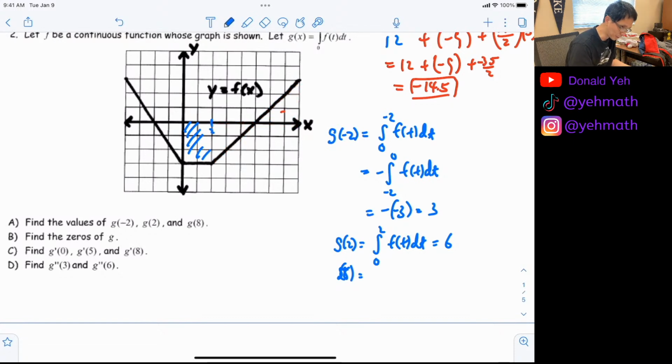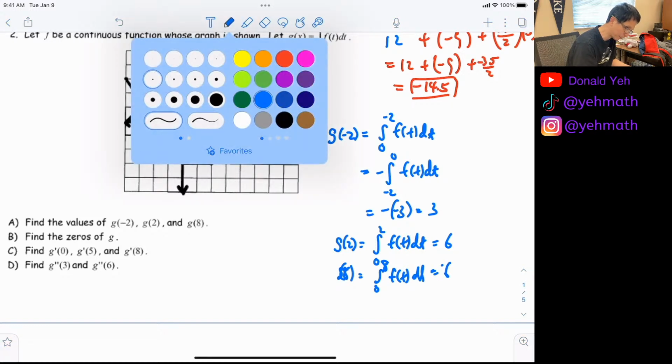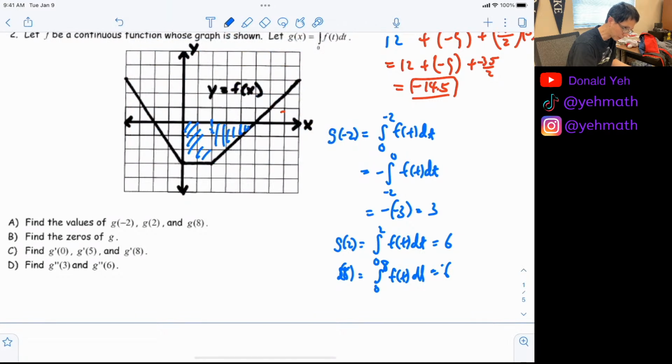So that makes g of 8 also equal to -6. 0 to 8 of f(t) dt is equal to 6 because this part here, let's just say this part is blue and this part is red, and that's just going to offset each other exactly, cut off right here, right? So how come they're both positive? Because one is, oh, this is -6. It's -6, good.